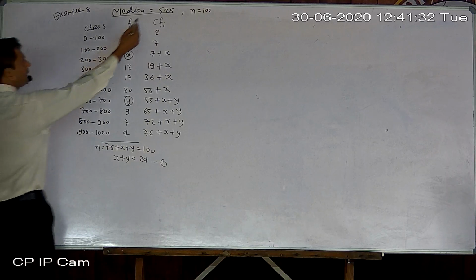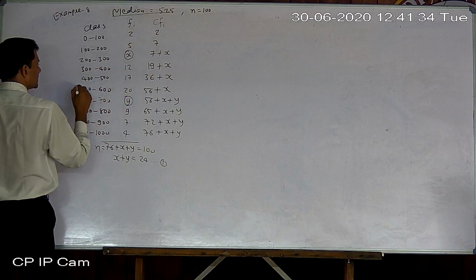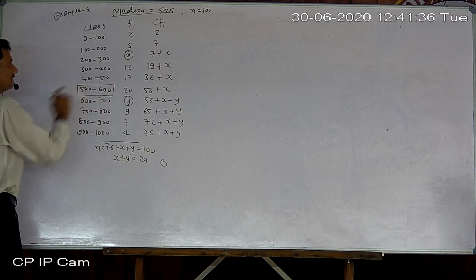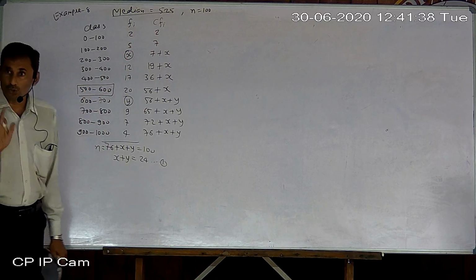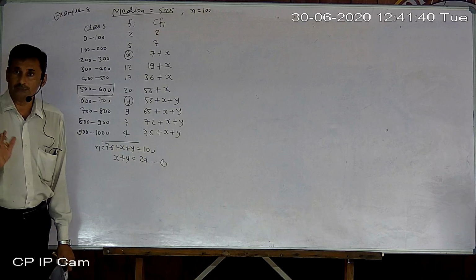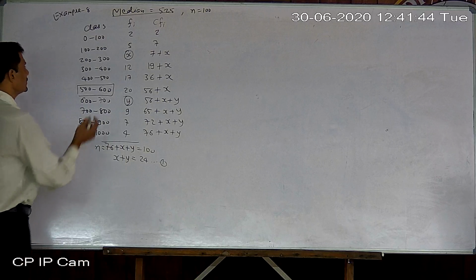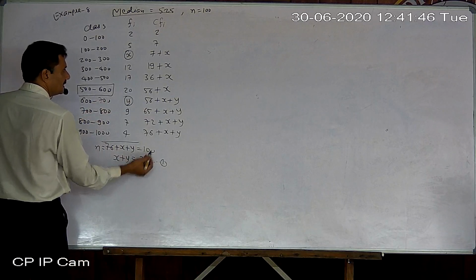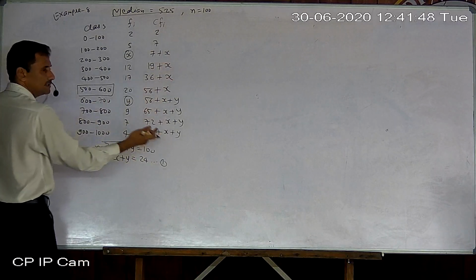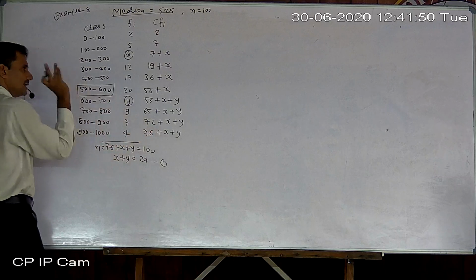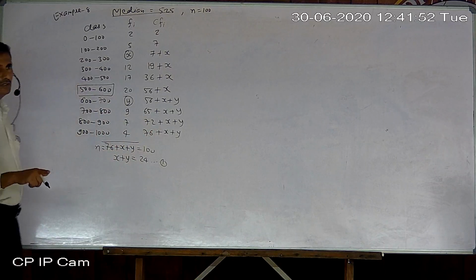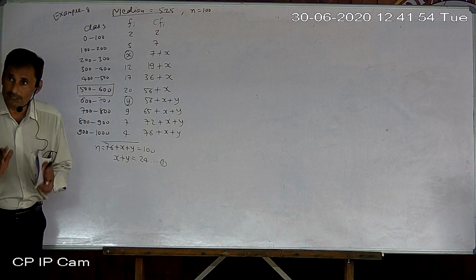Why? If the median is 525, then obviously the median class will be 500 to 600. So don't try to locate the median class by finding n by 2. That is not possible even here. Why? Because n by 2 will be 50. So where is 50 here? You cannot say. So don't write that way. Median is given means the median class is already given.